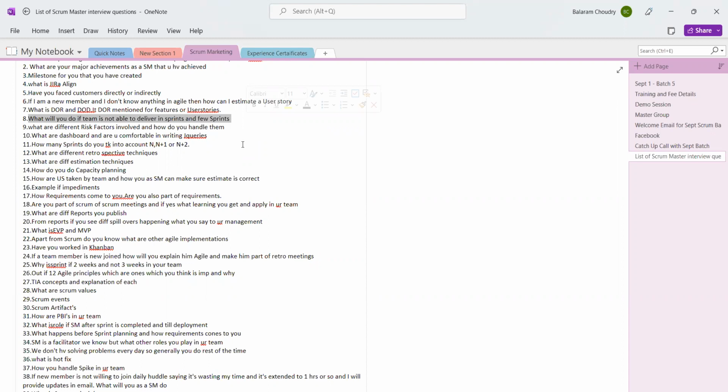Possible reasons could be that the team is not opening up, or the team is overconfident, committing more work but delivering less. Maybe it is committing more because it is not able to understand how to estimate. Possibilities are many, so unless you look into data points, you will not be able to tell. Depending on what is actually causing the non-delivery of items, you are going to work on them.